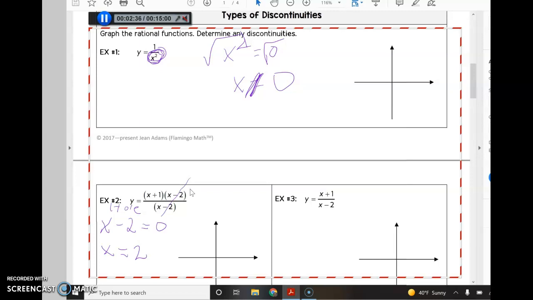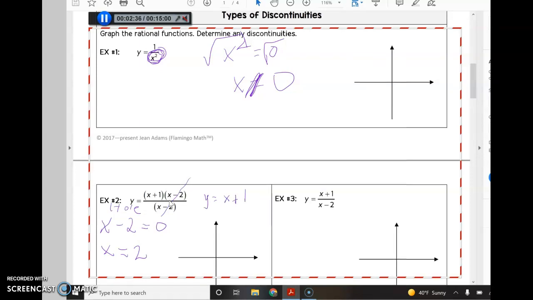That's where our hole is. Your asymptote does not exist, the one that we talked about in example 1, because you removed it right here. Okay, so now the equation that we have left over is y equals x plus 1.